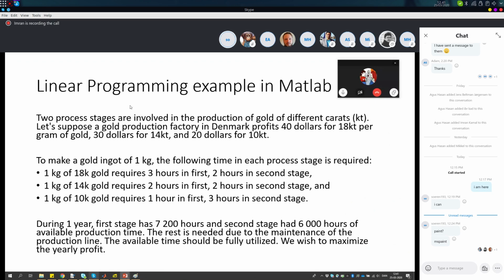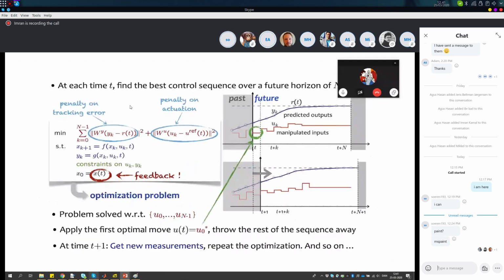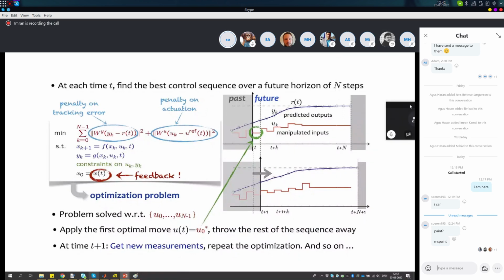Let's continue to the quadratic programming. In the first lecture, I showed you this diagram. So basically, this is a basic concept of model predictive control. And in this case, sometimes we have a tracking problem.